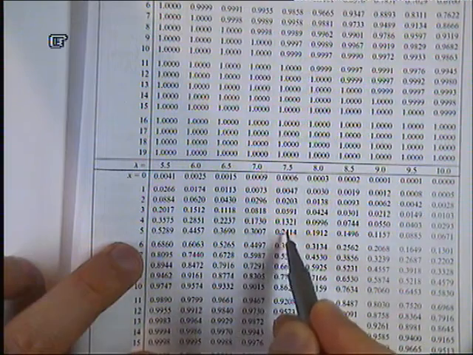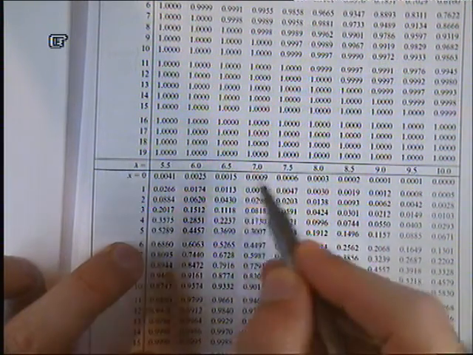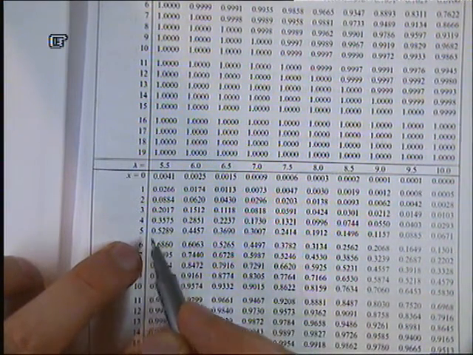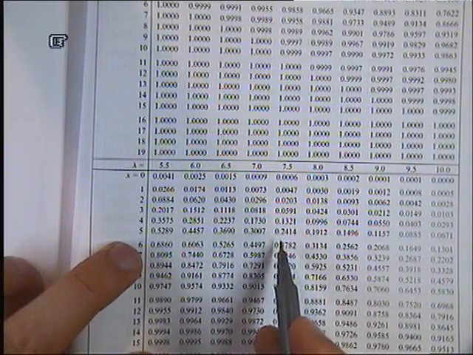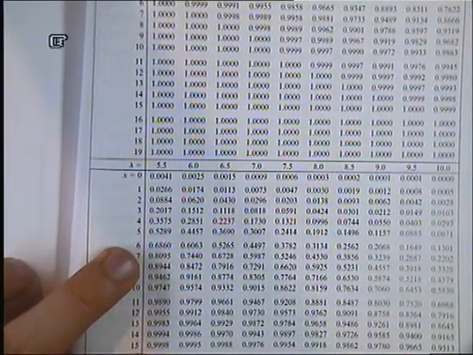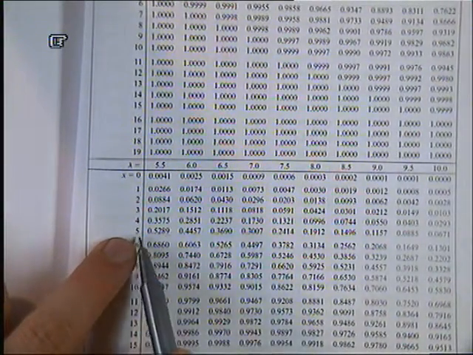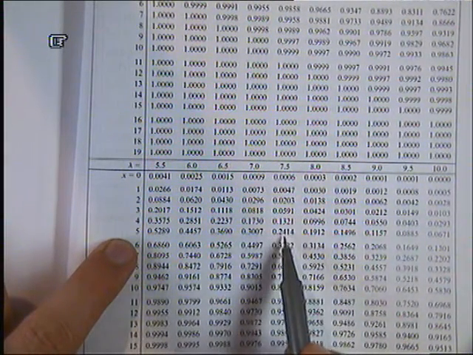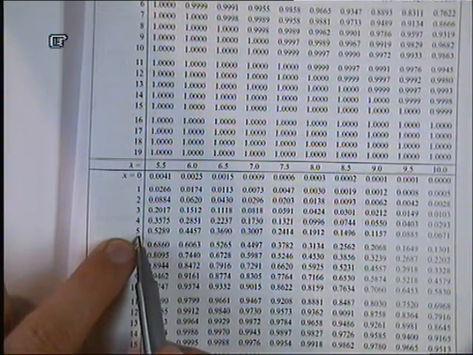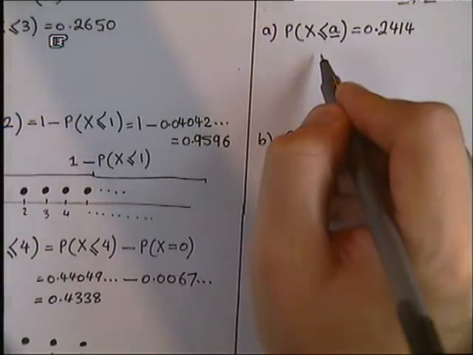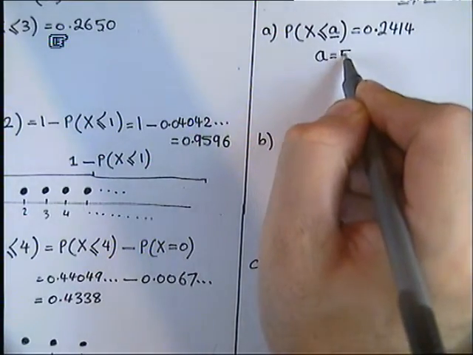So basically the probabilities are given, lambda is given, and all you need is to join it to the value of x and see for what value of x the probability is 0.2414 with lambda of 7.5. In this case, we can clearly see x equals 5, or in this case, A equals 5.